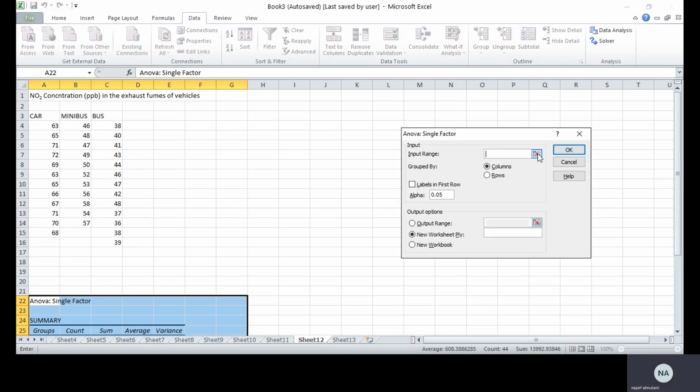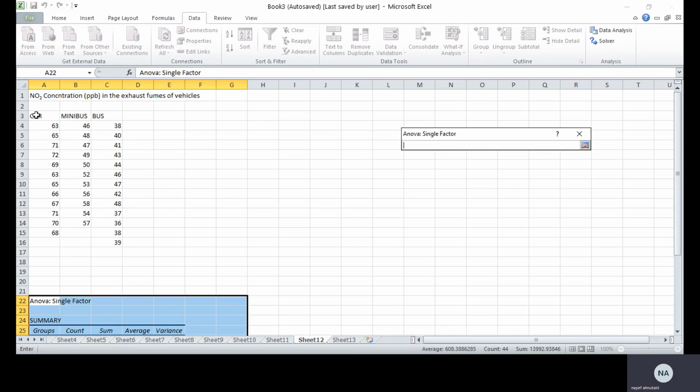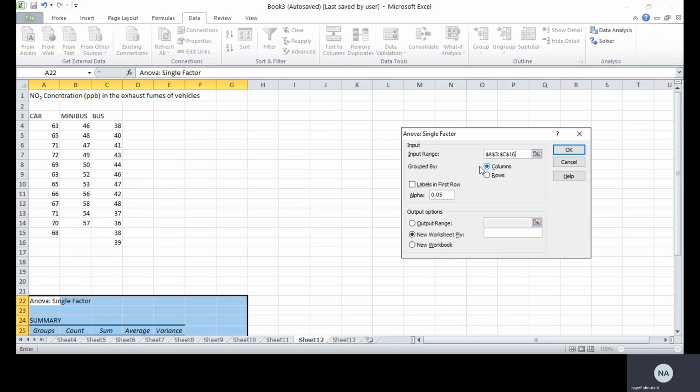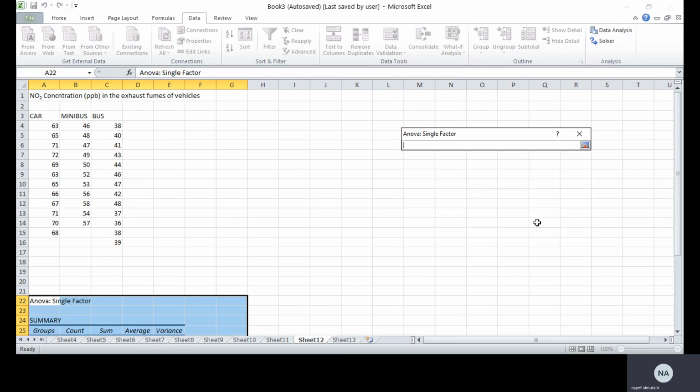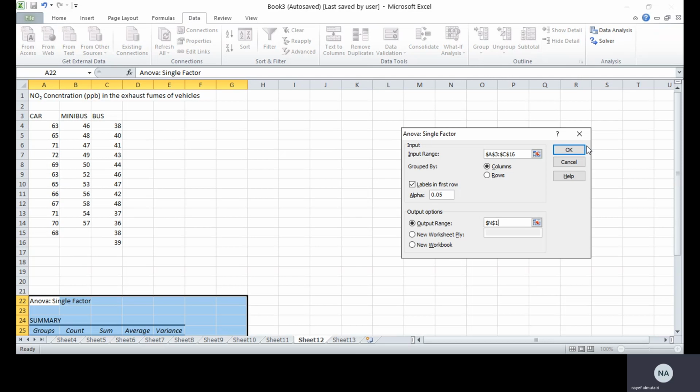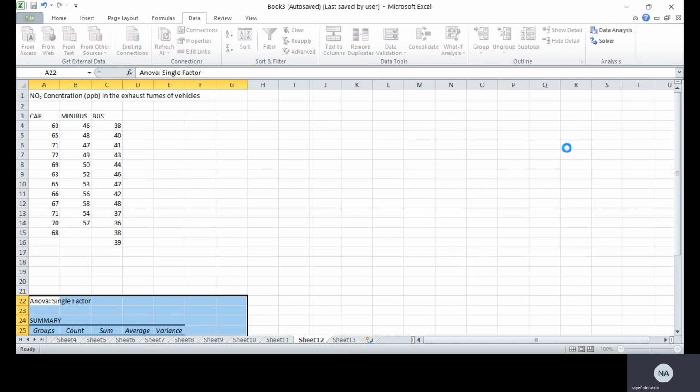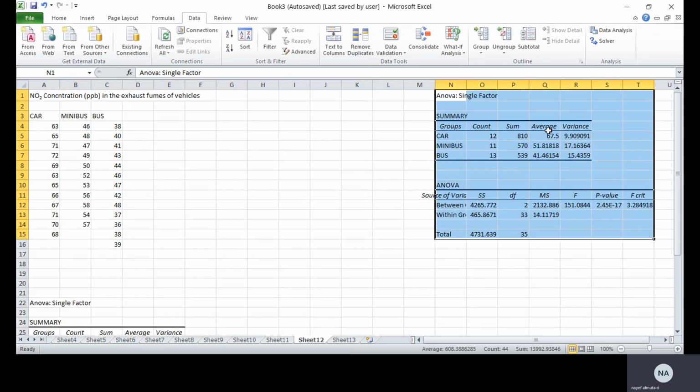The input range, and let's include the title of the column all the way down. Columns labeled in the first column. Of course, we are using 95% confidence, and the output range, we'll have it here. Very simple, very simple.